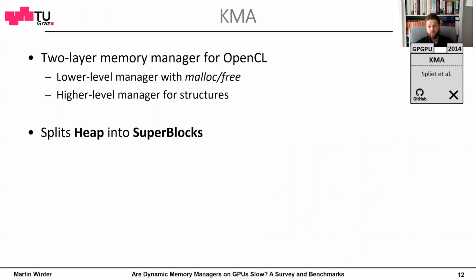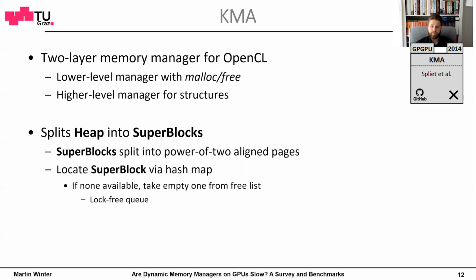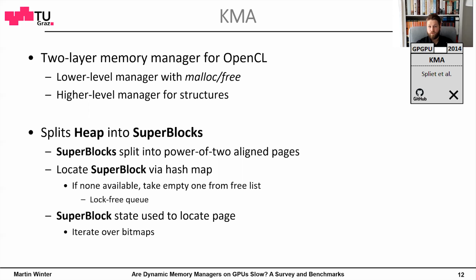Its heap is split into superblocks, which are split into power of 2 aligned pages. Superblocks are located using a hash map. If none are available, one is taken from a free list implemented as a lock-free queue. The superblock state is then used to locate the page to return to the user by iterating over its bitmaps.